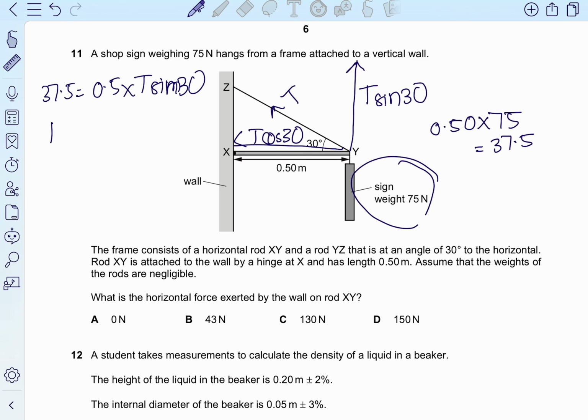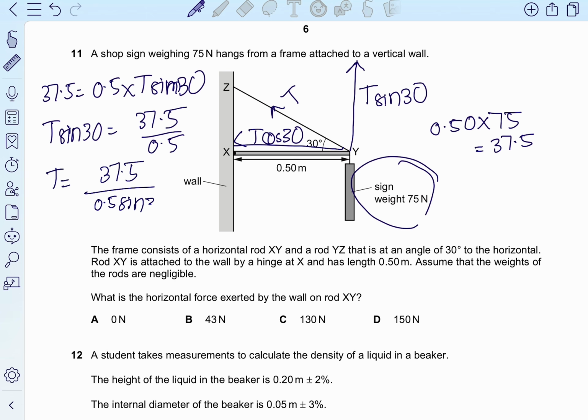So T sin 30 would essentially be 37.5 divided by 0.5. So if you want to find the value of T, it will be 37.5 divided by 0.5 sin 30.